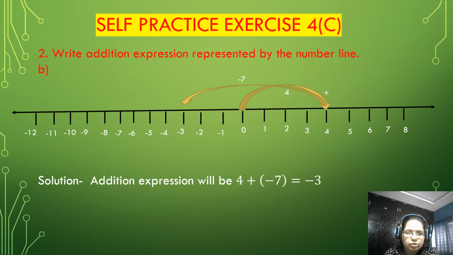Then 4 plus minus 7: 4 to 3 is 1 place, 3 to 2 is 2 places, 2 to 1 is 3 places, 1 to 0 is 4 places, 0 to minus 1 is 5 places, minus 1 to minus 2 is 6 places, and minus 2 to minus 3 is 7 places. So 4 plus minus 7 equal to minus 3, and the addition expression will be 4 plus minus 7 equal to minus 3.